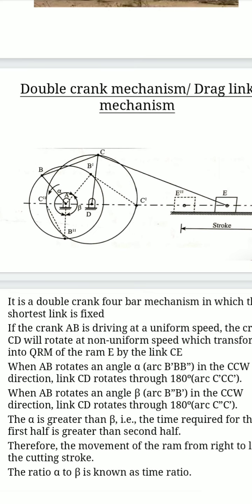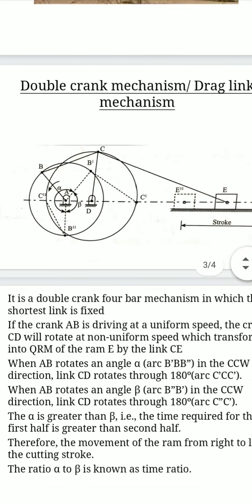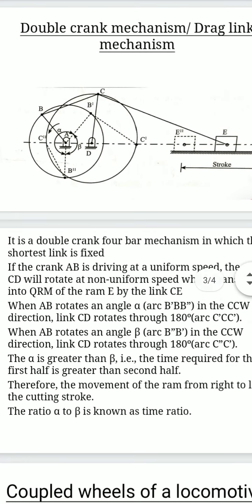The AB link is rotating. When the AB link is rotating, the CD will also rotate with uniform speed, but the speed with which the link AB rotates is different from the speed of the link CD here. The main advantage of this mechanism is that when the AB rotates through an angle alpha, as you can see in the sketch here, in the counterclockwise direction, the link CD rotates through 180 degrees.